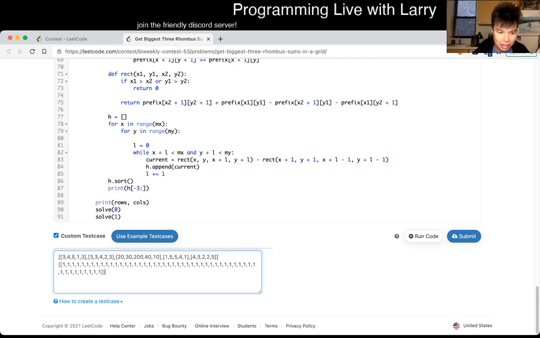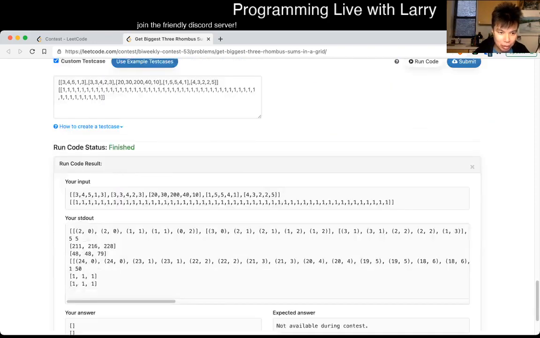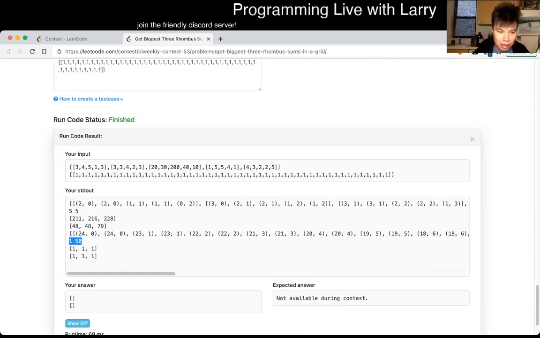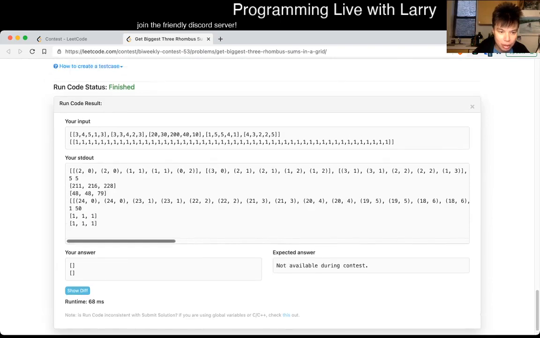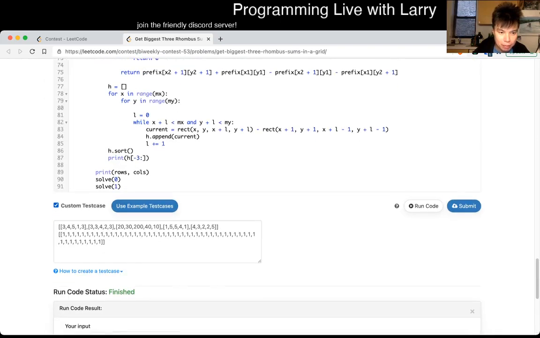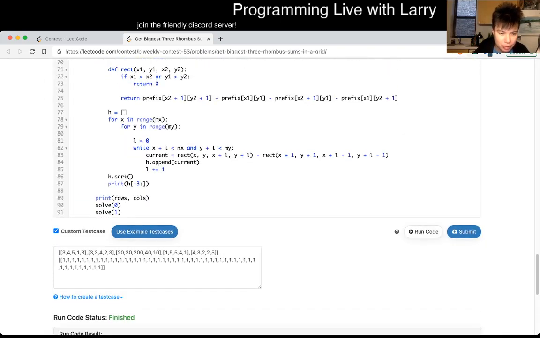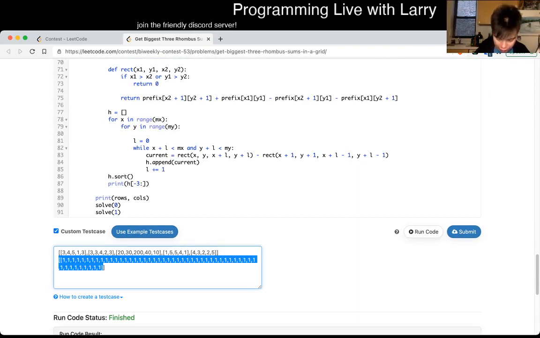Oh, that's weird that they changed the constraints midway through the problem. But, okay. The answer's also right. I'm trying to figure out whether I need to use a heap, though, apparently.